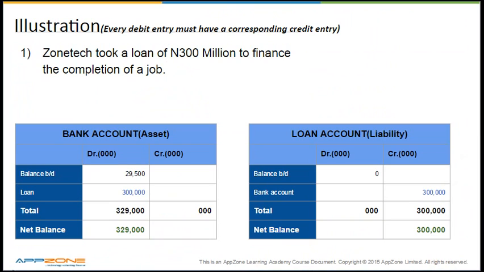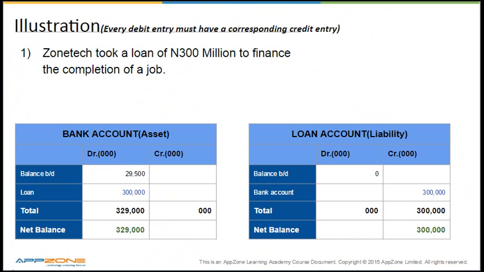You have what we call the balance brought down, which is the existing balance on our bank account. Having had that existing balance, we received a loan from the bank. Hence, receiving this loan, our bank account will be debited.